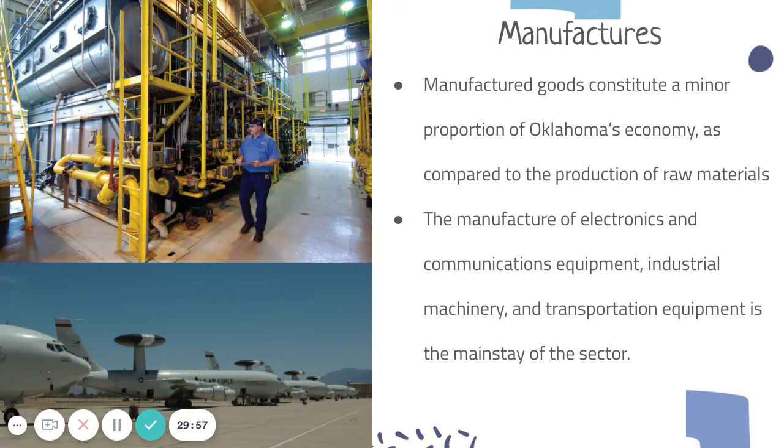Well, we see that one of the primary elements of manufacturing in Oklahoma is the raw materials. We take these raw materials, this oil, this gas, this coal, these other products, and refine it and then sell it to other companies around the world and around the nation.